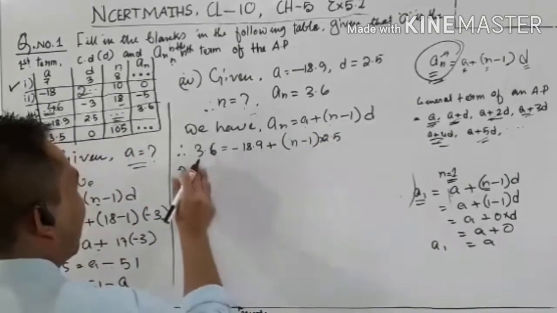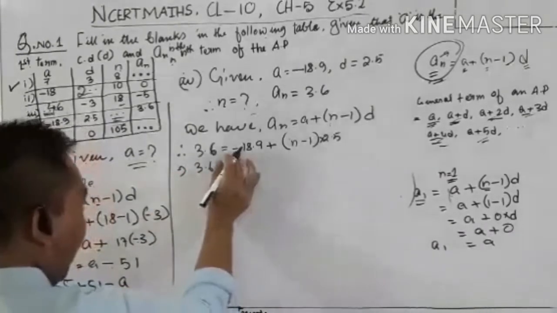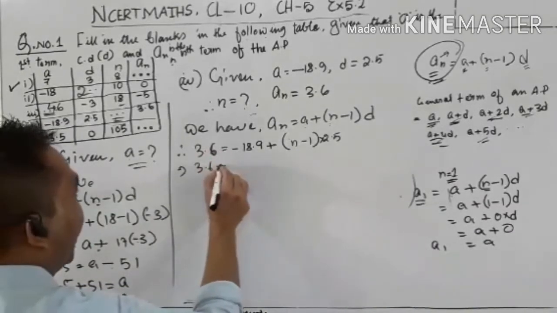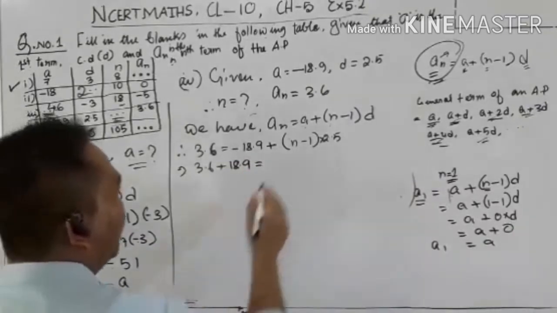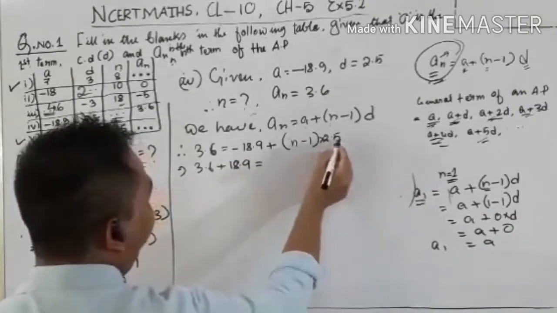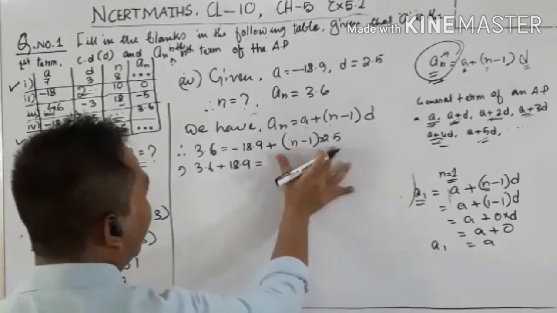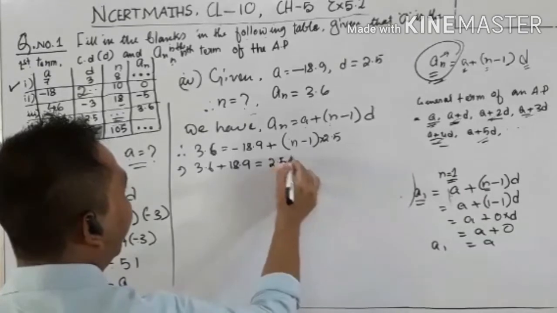You can transpose this also, no problem. 3.6. On transposing, this minus will turn into positive, plus 18.9 equals 2.5 into n. So plus here, plus here also. Both are positive, right? So 2.5 into n, that is 2.5n.